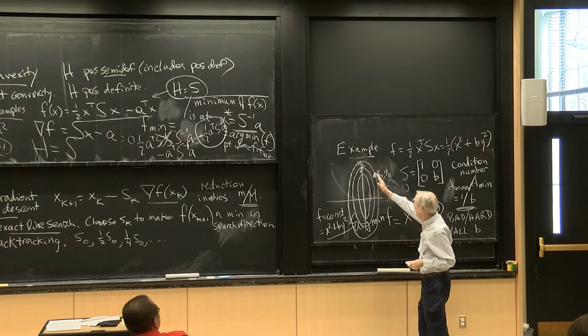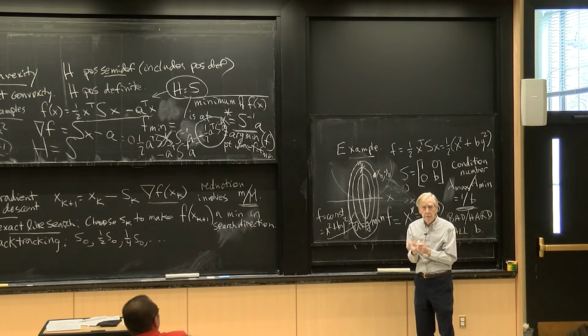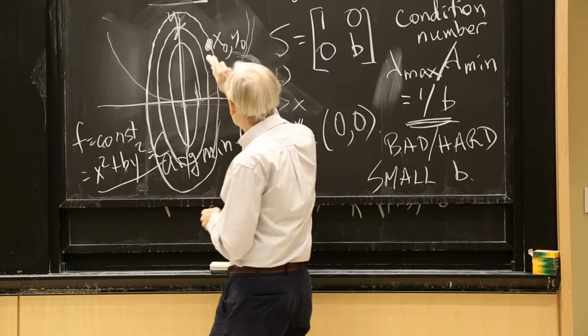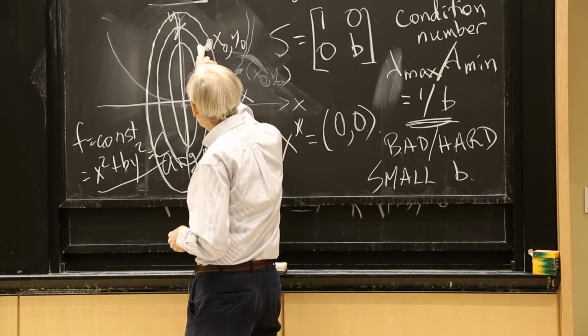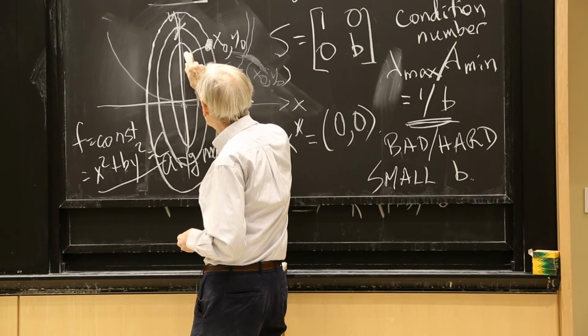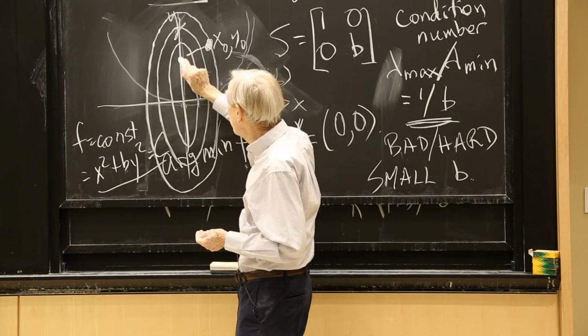Do I move along the ellipse? Absolutely not, because along the ellipse, f is constant. The gradient direction is perpendicular to the ellipse. So I move perpendicular to the ellipse. And when do I stop? Pretty soon, because very soon I'm going back up again.